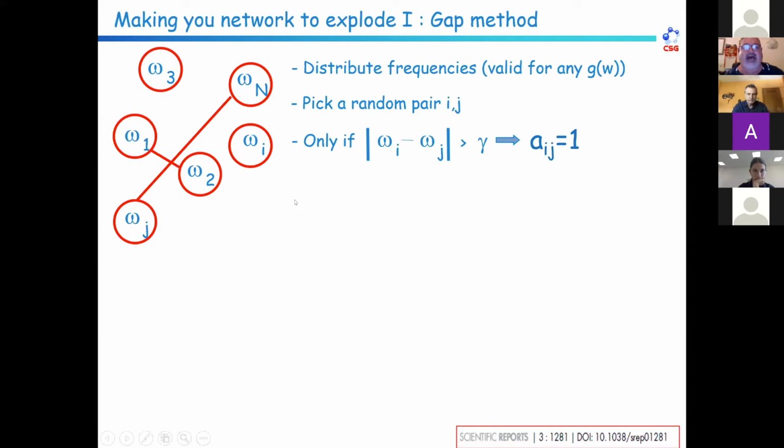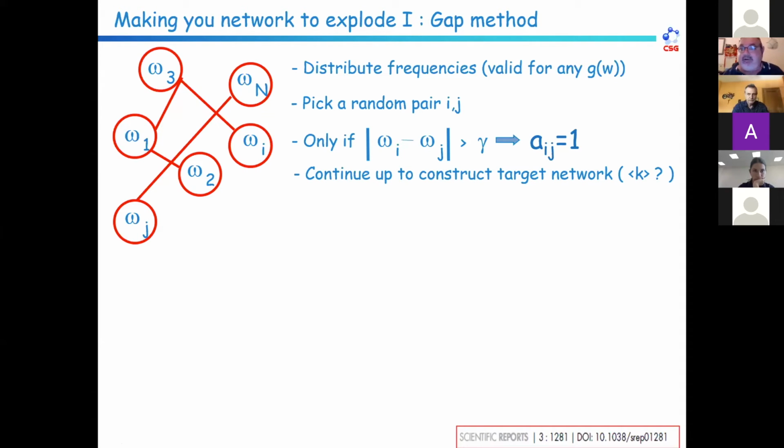So you start putting links, and you continue until your network has a given connectivity, that is, you reach the level of average degree that you prefixed. Now, what happens in your network?